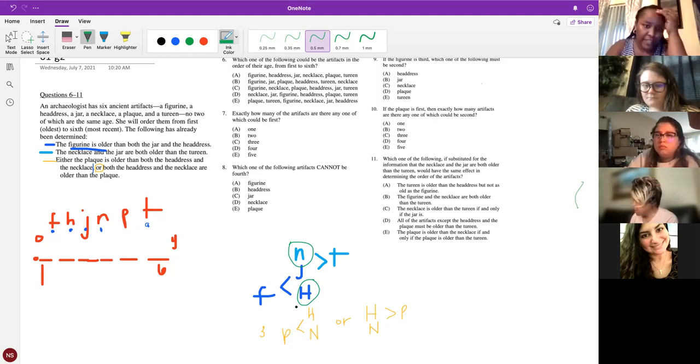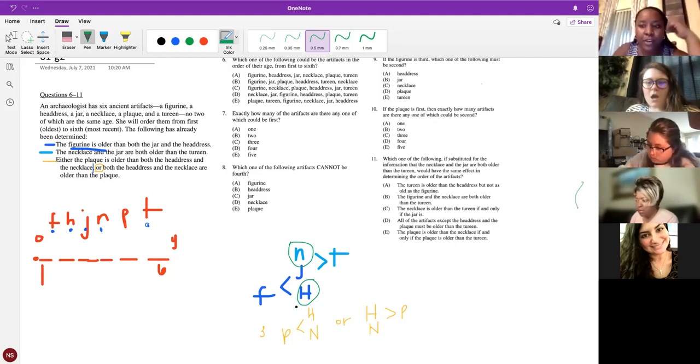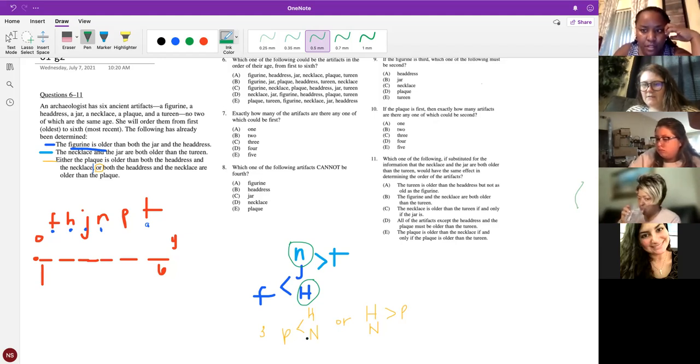Um, okay, the greater or less than signs are kind of throwing me off. Oh, those are just carrots. I'm saying P is before H and P is before N. They're not actually greater or less than signs, I just draw them.